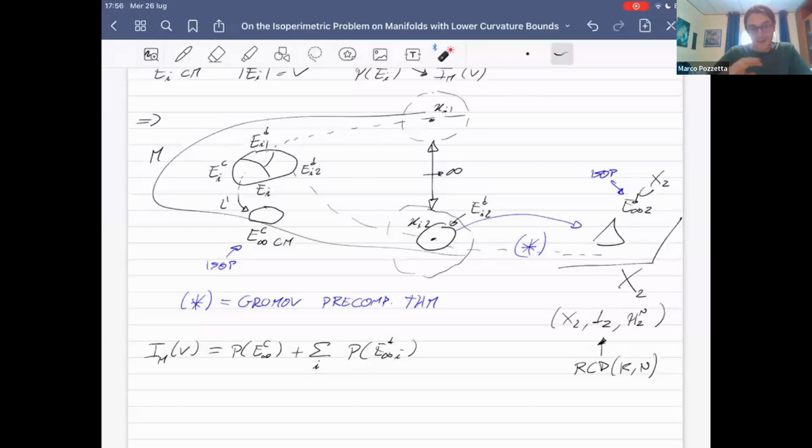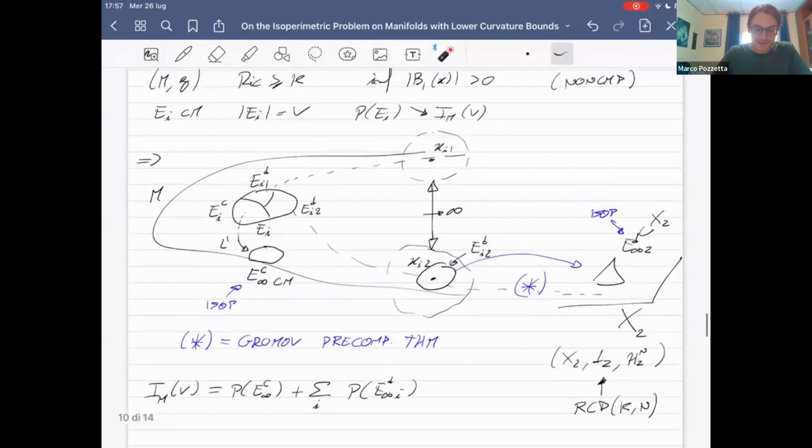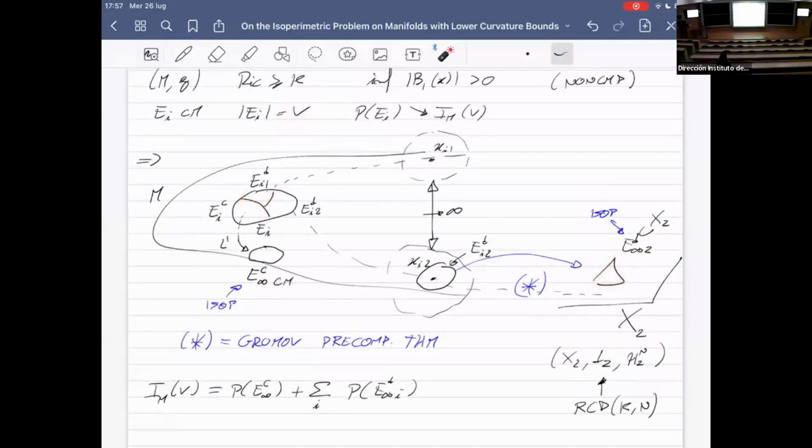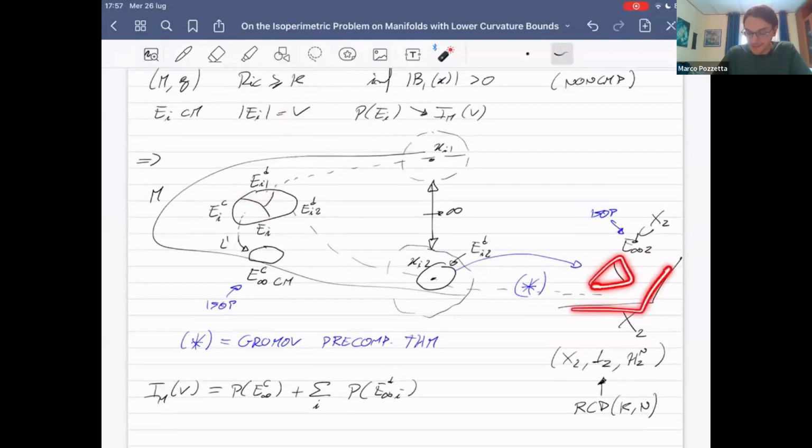Okay, so maybe I was very quick, sorry, but these sets at infinity are isoperimetric sets inside their ambient. So they actually minimize the perimeter. They will have some volume, maybe less than the total volume because the mass is split, maybe half of the volume. But inside their ambient, they are isoperimetric.